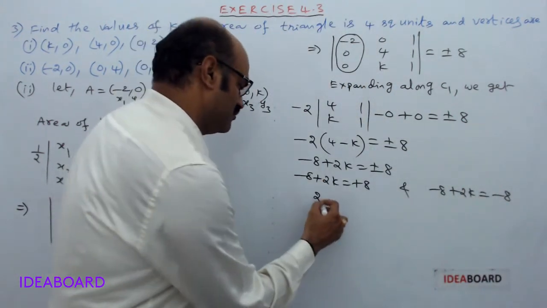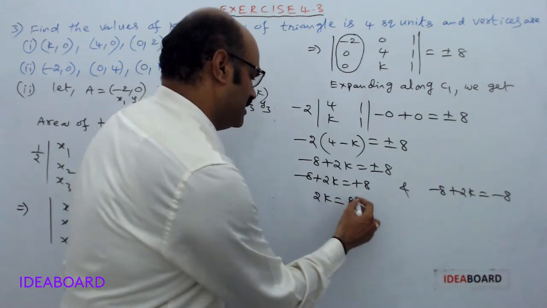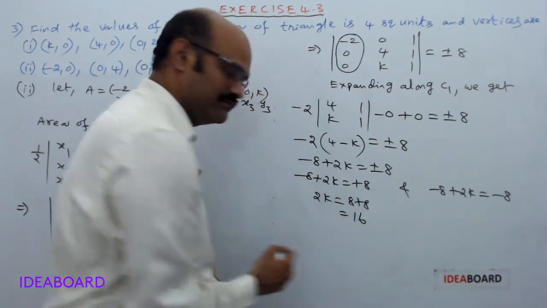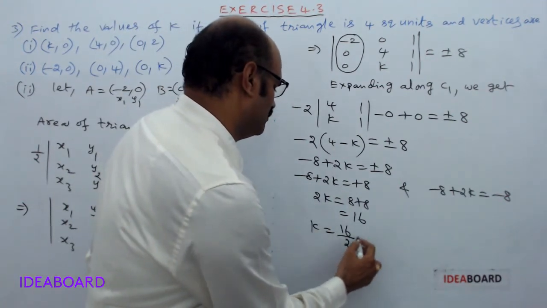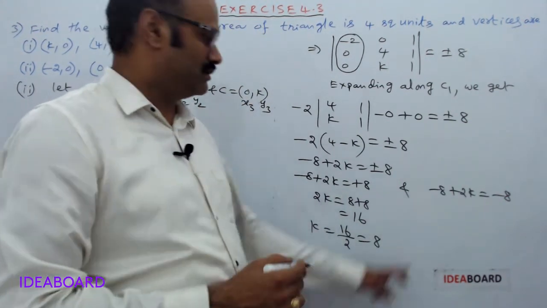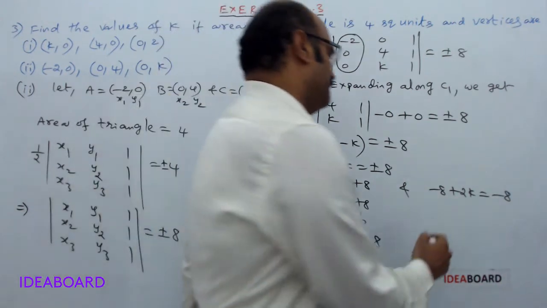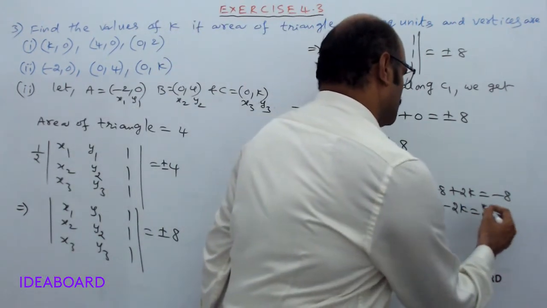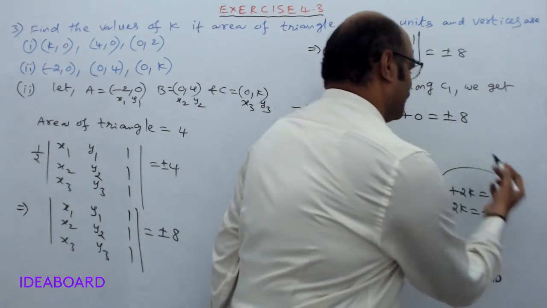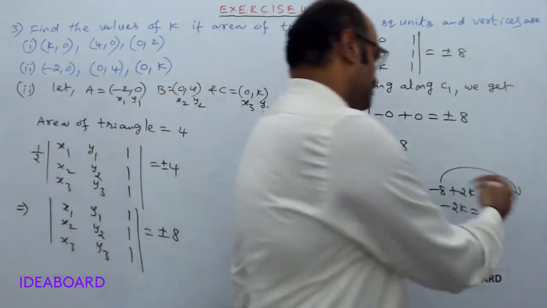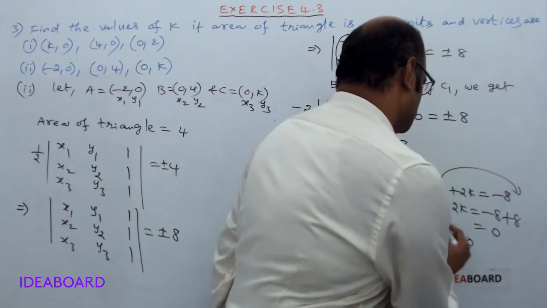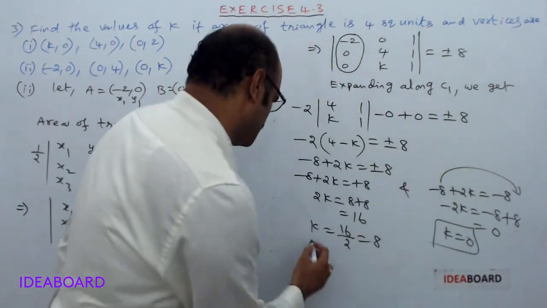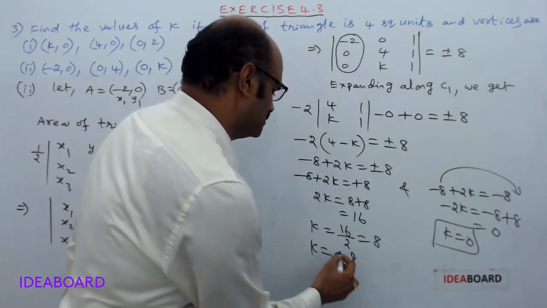In the first case, 2k equals 8 plus 8, which is 16, so k equals 16 by 2, which is 8. Now the second case, minus 8 plus 2k equals minus 8. Moving minus 8 from LHS to RHS, minus 8 plus 8 equals 0, so k equals 0. Therefore k equals 0 and 8.